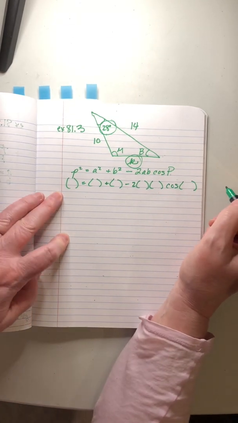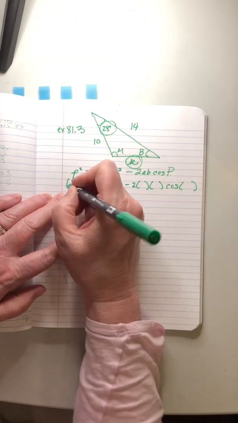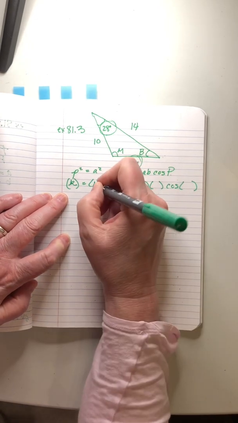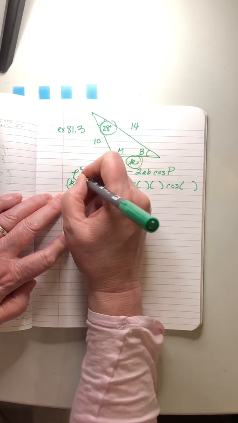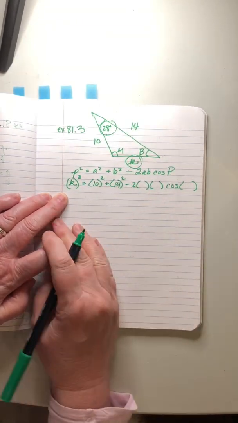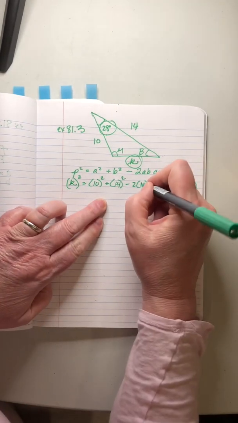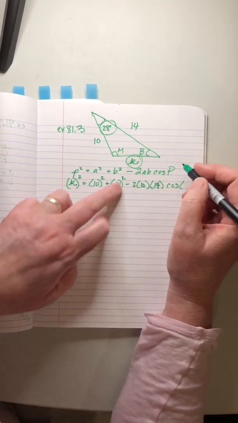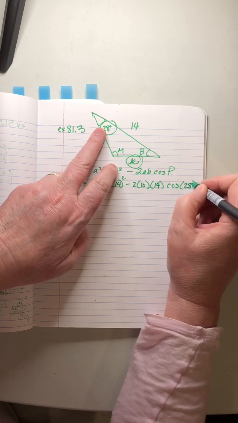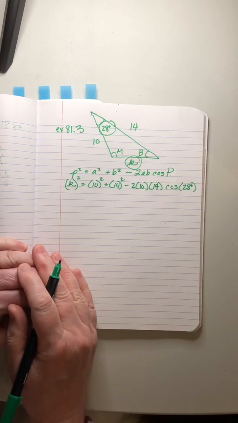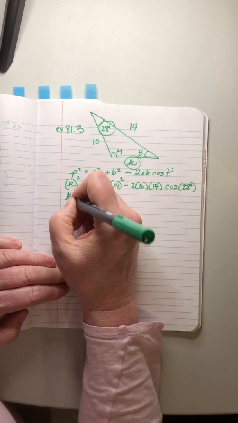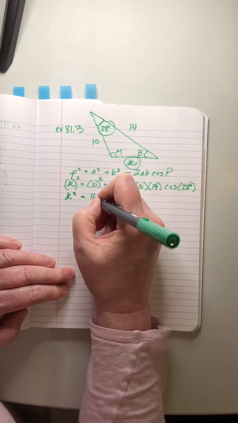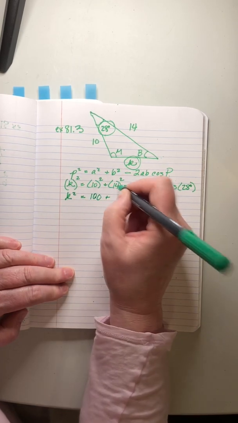There, I got it all in one row. Okay, we're going to use k for p. That means we'll have 10 and 14. Oh, I forgot to put the squares. There. 10, 14, and then our cosine will be 28 degrees. Oh, that's so much happier to me. All right, so then we'll get k squared equals 100 plus, what's 14 squared?